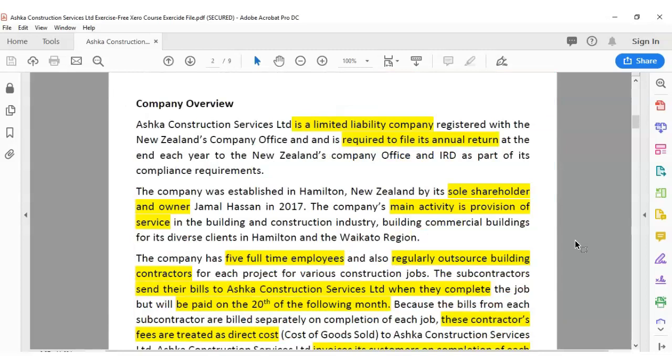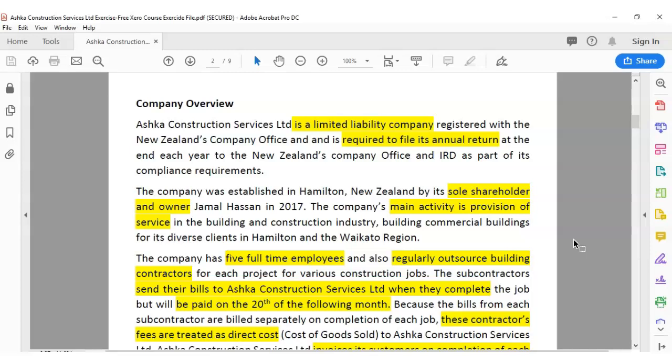The first part of the exercise file is to understand what financial and non-financial information you require prior to Xero account setup. We discussed this in lesson 9, but here we're going to talk about a specific example that I'm going to use for this course, called Ashka Construction Services Limited.